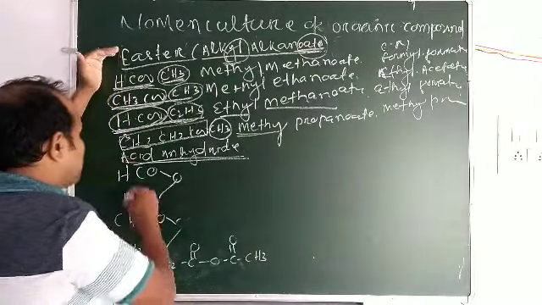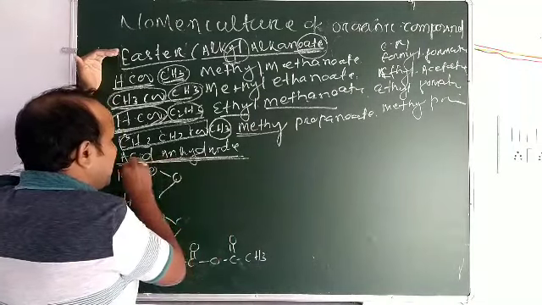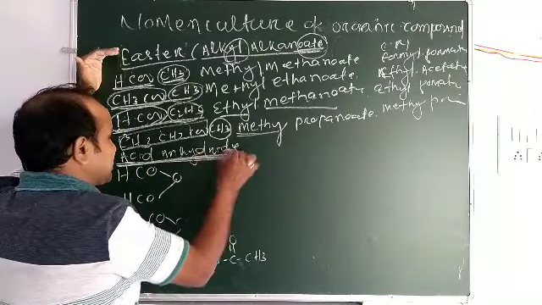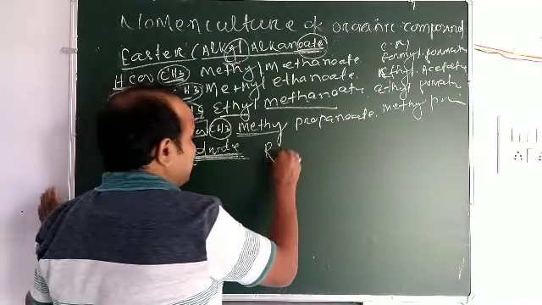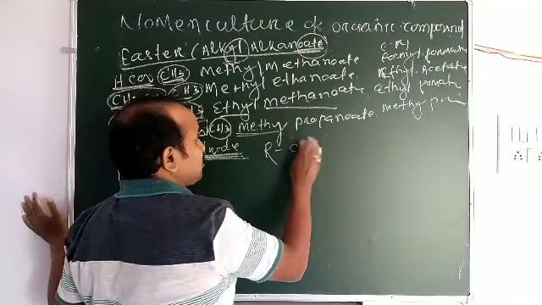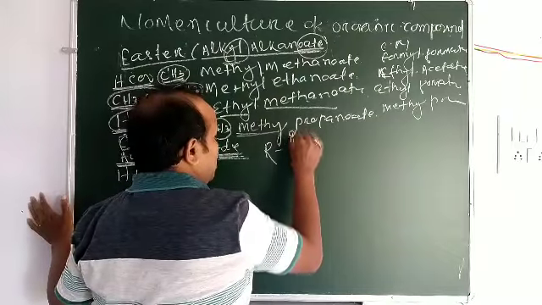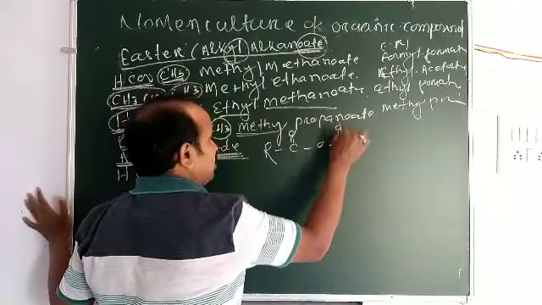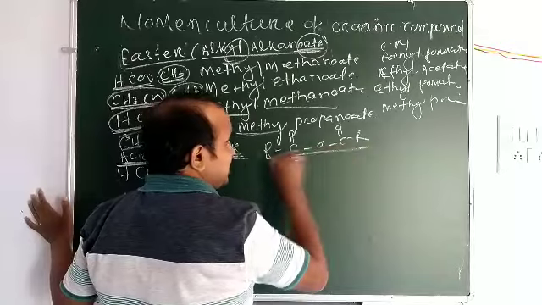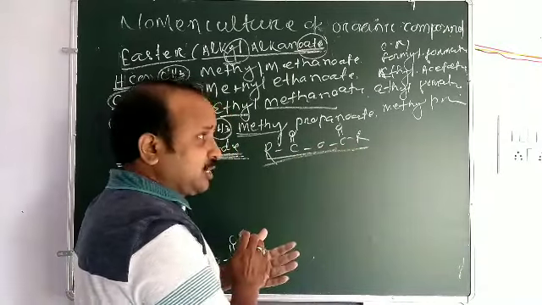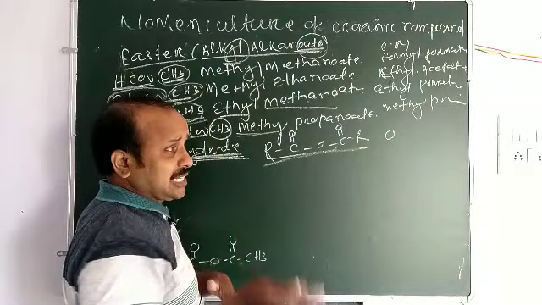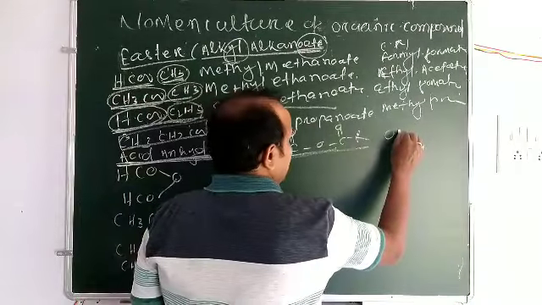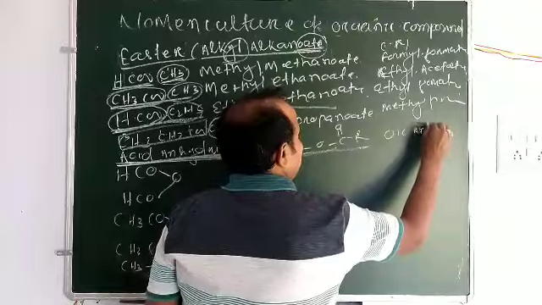Then we go to acid anhydride. Acid anhydride means C double bond O, C double bond O, R, and its suffix is oic anhydride. In carboxylic acid, oic acid. In acid anhydride, oic anhydride.